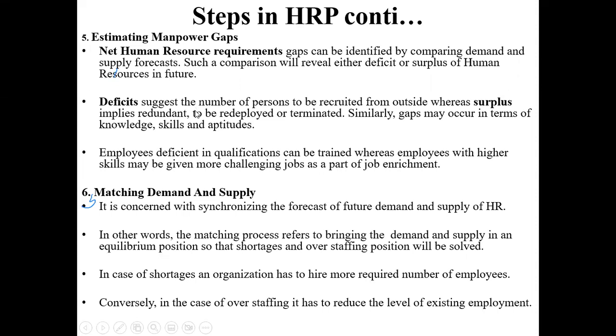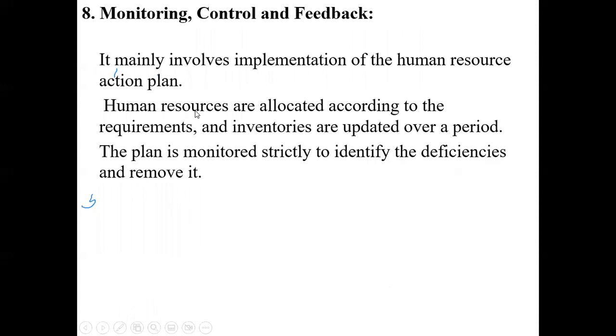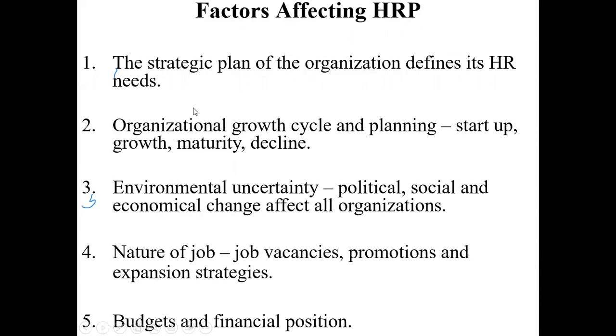Now we are going to pick up human resource. Okay, let's quickly go through the factors that affect the human resource planning process. When we are doing human resource planning, there are a number of considerations that we have to put in mind in order to get accurate forecasts.